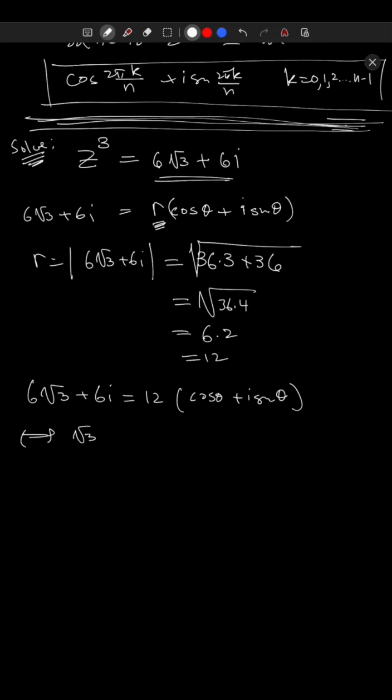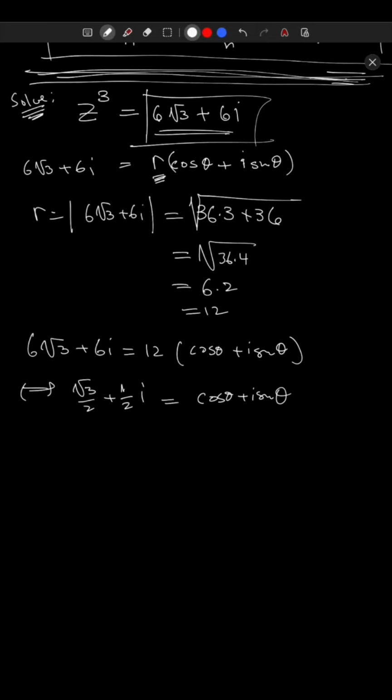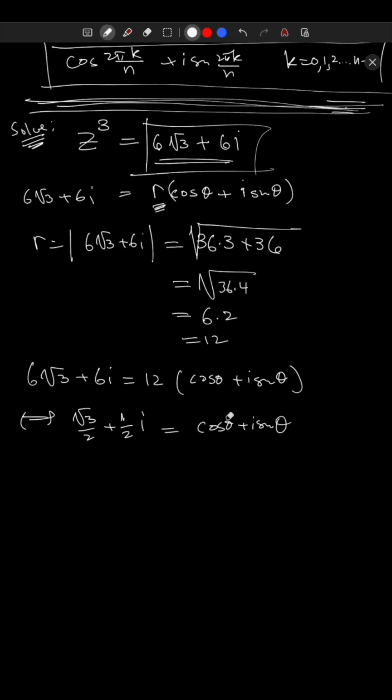Root 3 over 2 plus 1/2 i is equal to cos theta plus i sine theta. Again, what we're doing here is figuring out the trig form of this right-hand side. Okay, now that means we need to solve cosine theta equals root 3 over 2 and sine theta equals 1/2. We need both of them to be true, right?